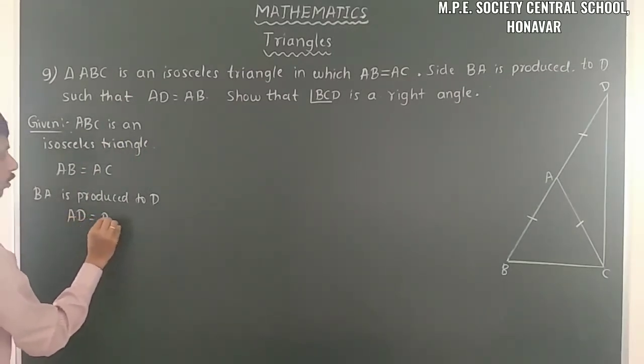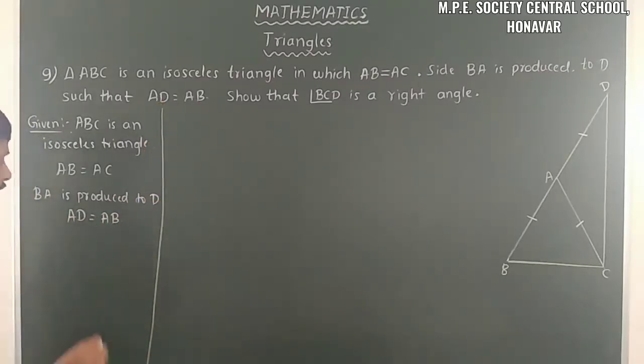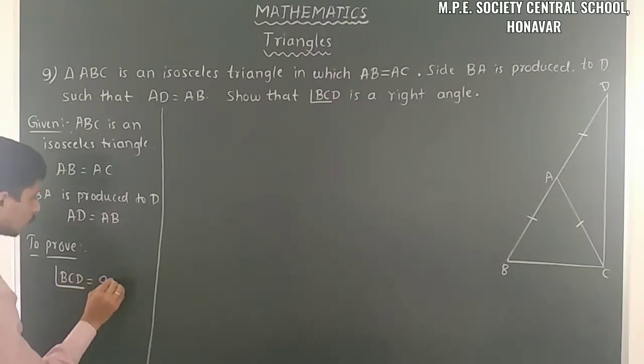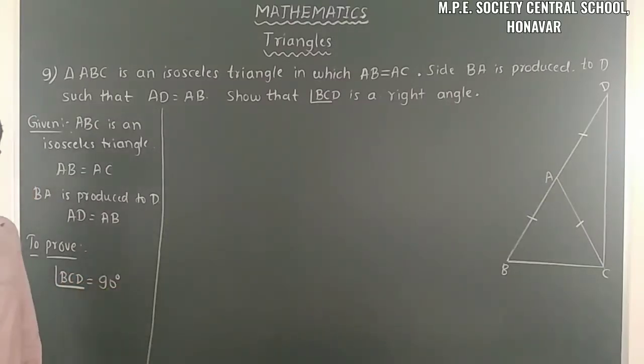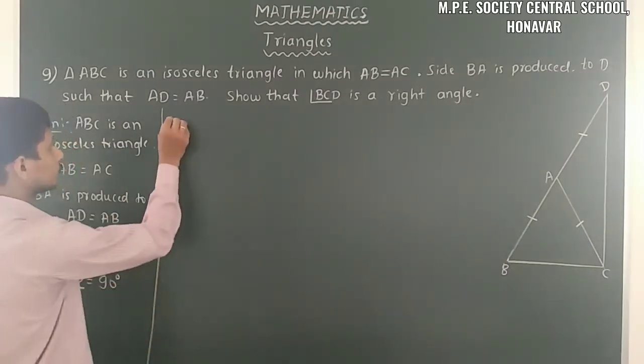These are given things. To prove: angle BCD is equal to 90 degree. So let us take the proof.